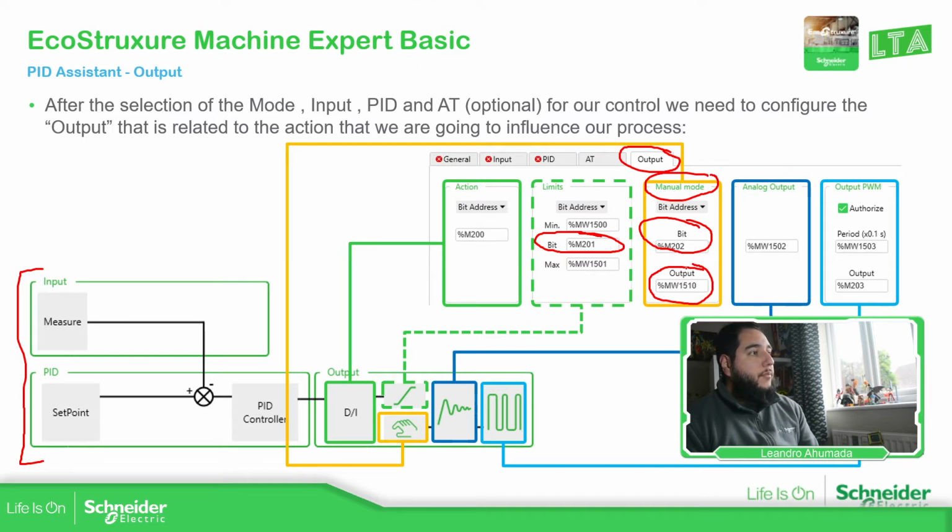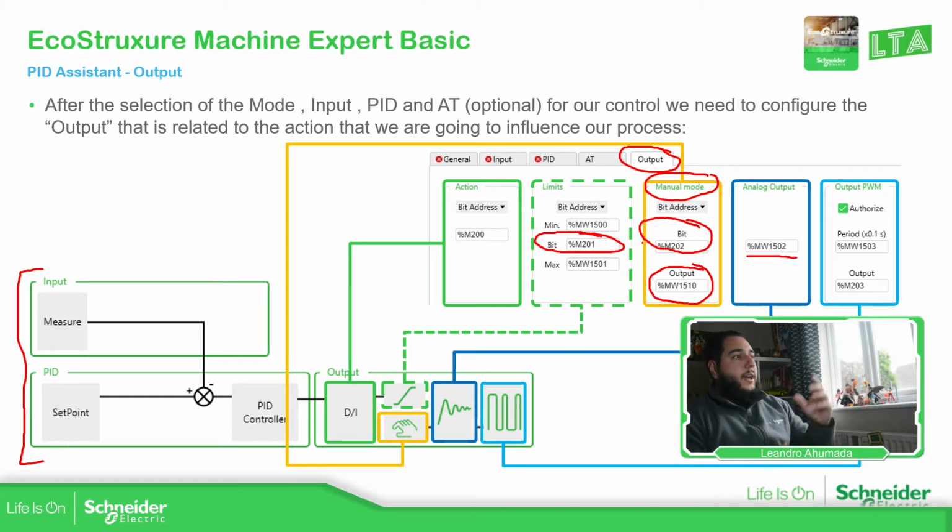And then finally, the analog output, which will be the output of the PID, so it must be a percentage MW. So far we have seen the different configurations of the output. I have the action, how the process is going to react.